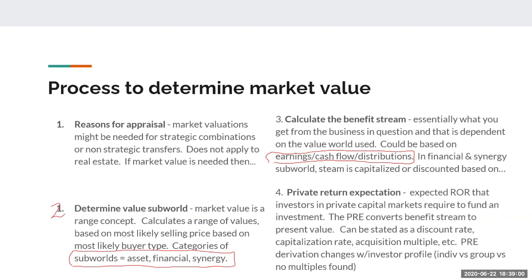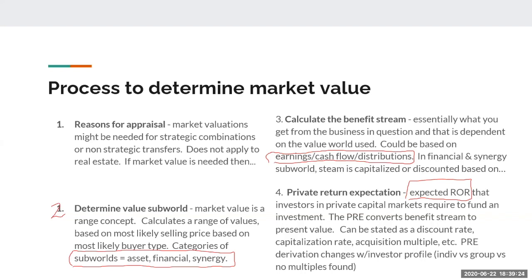And again, all of this stuff is forecasted, maybe using financial documents or on a pro rata basis. But all of it at the end of the day goes to point number 4, where it's basically your private return expectation or PRE. And this is, again, very simply put, your expected rate of return.